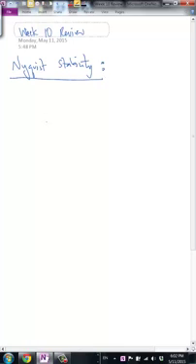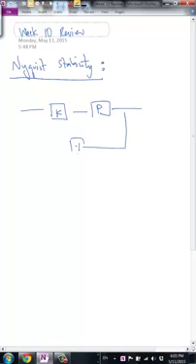So the idea is the following. We're always talking about unity feedback. So we're talking about this overall transfer function. And PK is called the loop, sometimes called the open loop transfer function.